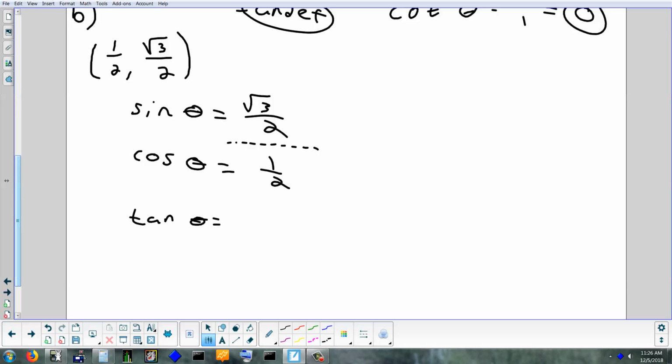Now, if you were to divide these, normally when you divide a fraction by a fraction, what do you do with the one in the bottom? Yeah, you multiply by the reciprocal. If you take what's in the bottom and flip it and multiply, what would cancel out? It would just be the square root of 3, because the 2's would cancel out. If you flip what's in the bottom, it would become 2 over 1.